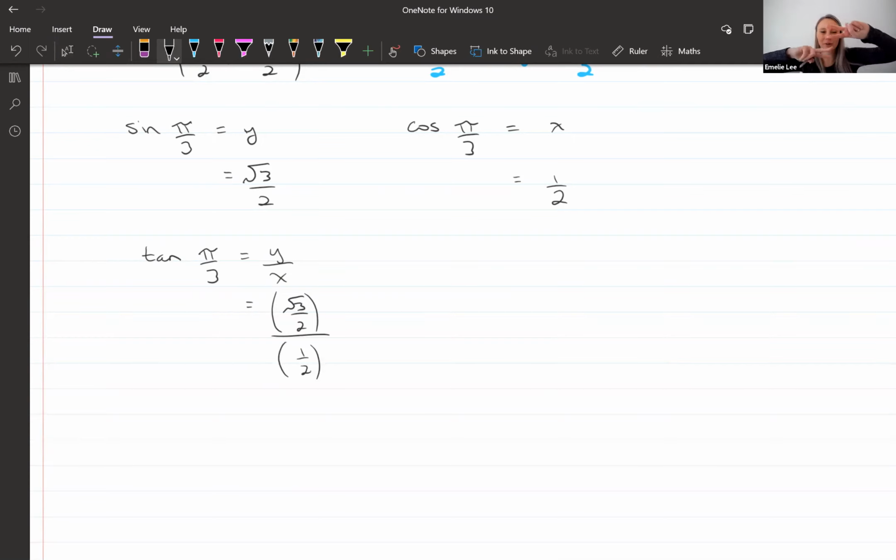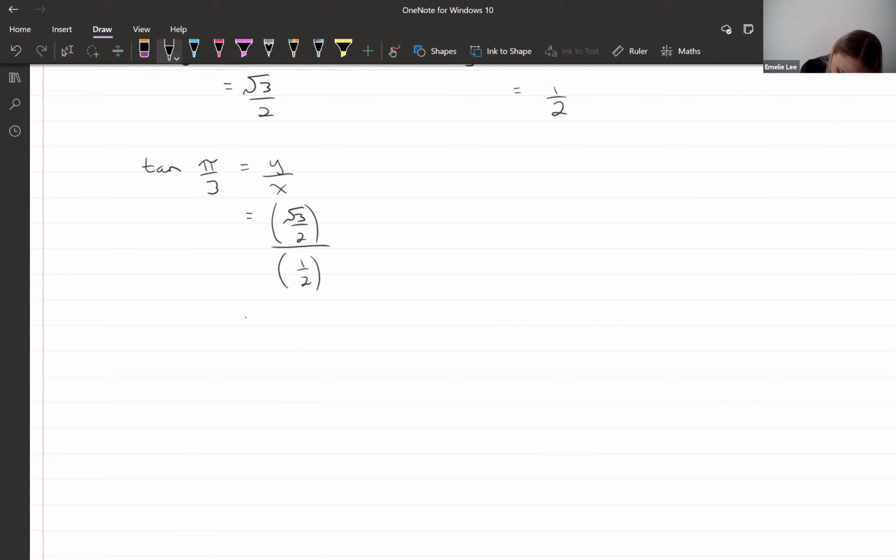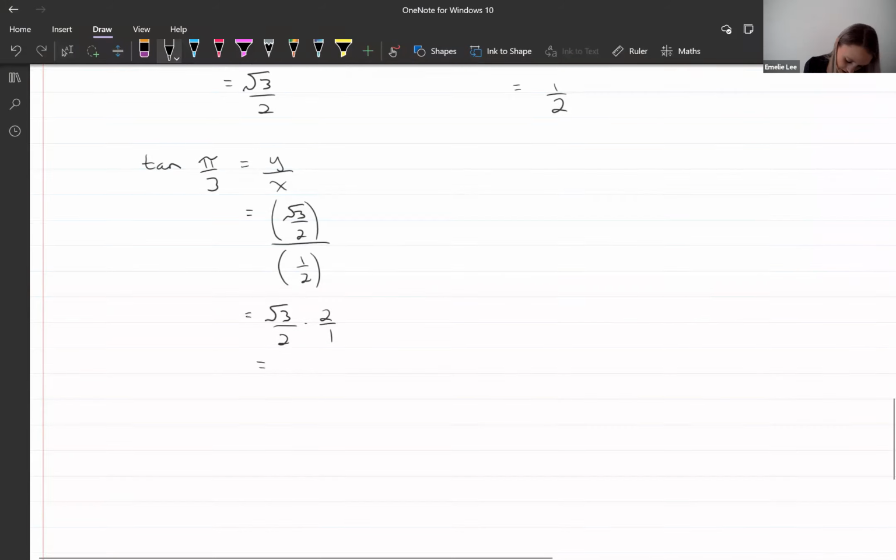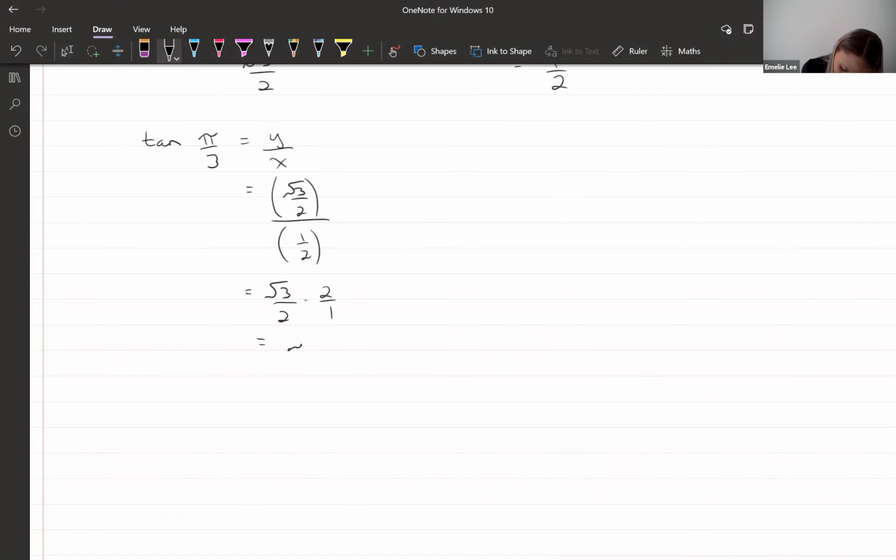We've got a fraction over a fraction, and we know what to do with that. So we get root 3 over 2 times 2 over 1. That's just going to put me at root 3 by the time the 2's cancel.